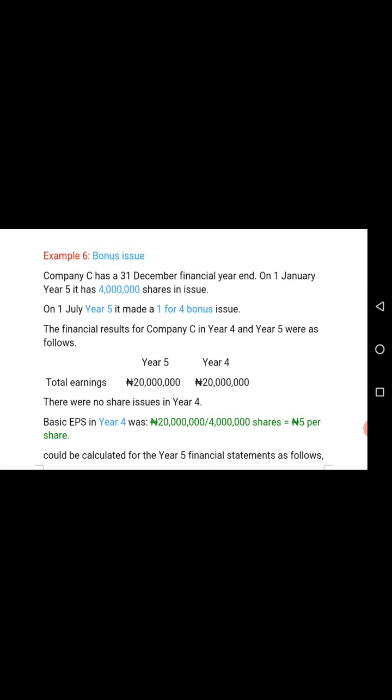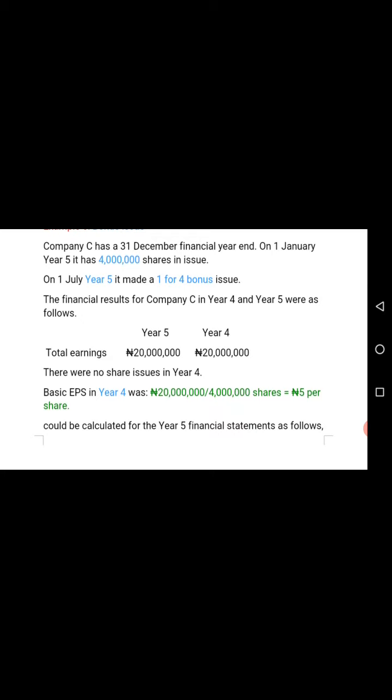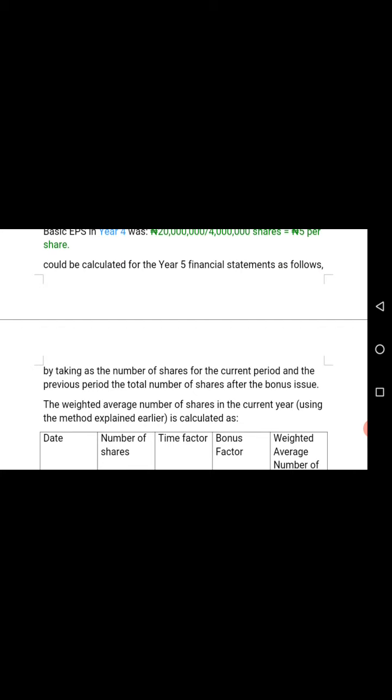Now, the other half of the year starts on 1st July year 5. We had 6 months before then: January, February, March, April, May, June. So we had 6 months of owning 4 million shares before new shares were issued.